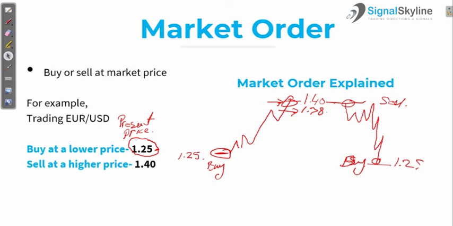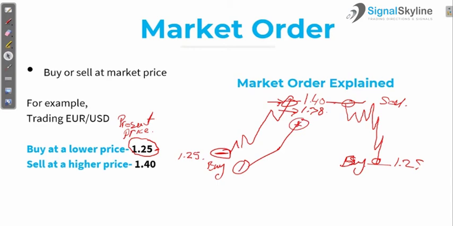Now, that's what the market order is. The market order is basically whatever the market price is, you're sitting watching in front of the PC and you are taking an entry on market price and exit on market price.